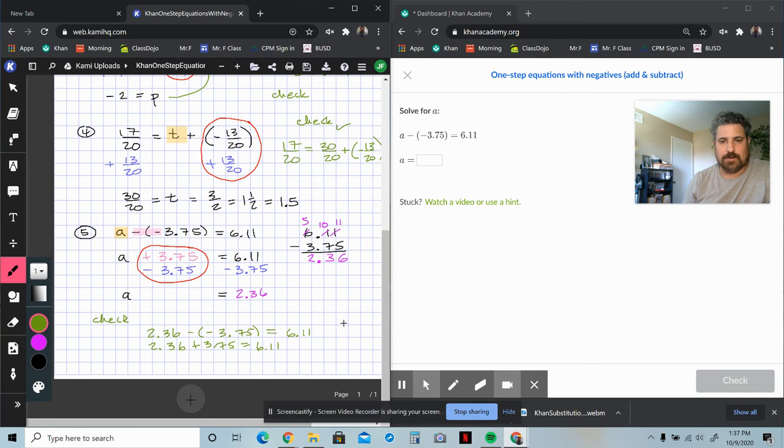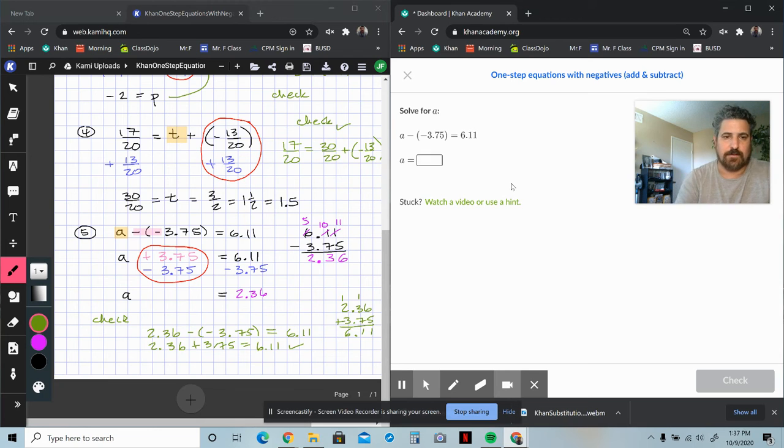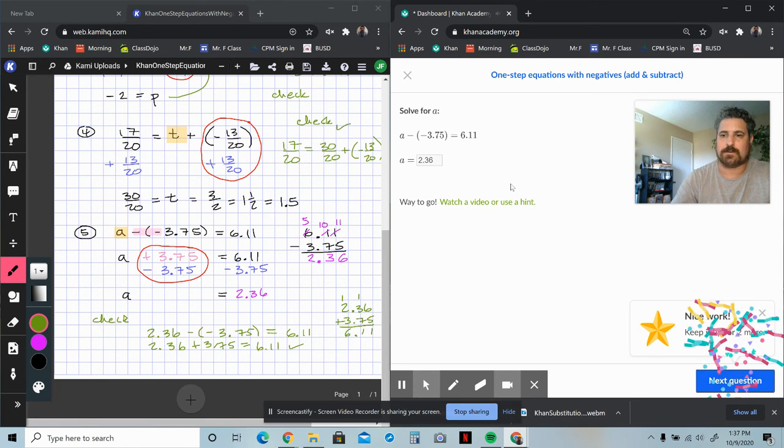And that you can check out over here. We'll just do 2.36 and 3.75. We're going to add them together. And then 6 plus 5 is 11. 1 plus 3 is 4 plus 7 is 11. And then 1 plus 2 plus 3 is 6. So does it work? Yeah, it works great. So we're done. All right, so the answer here, after all that, is 2.36.